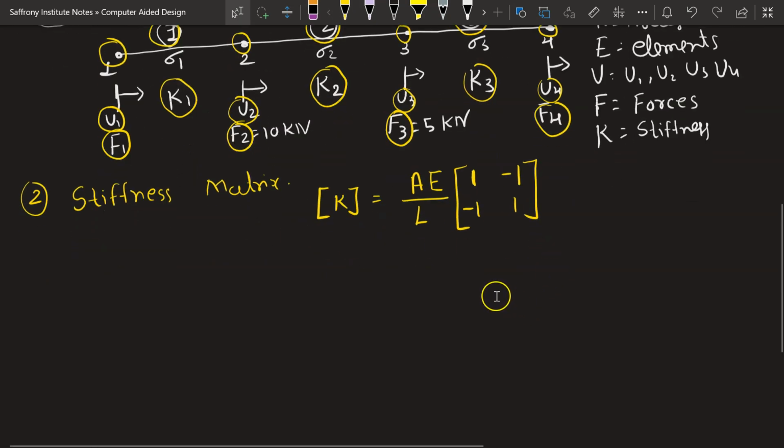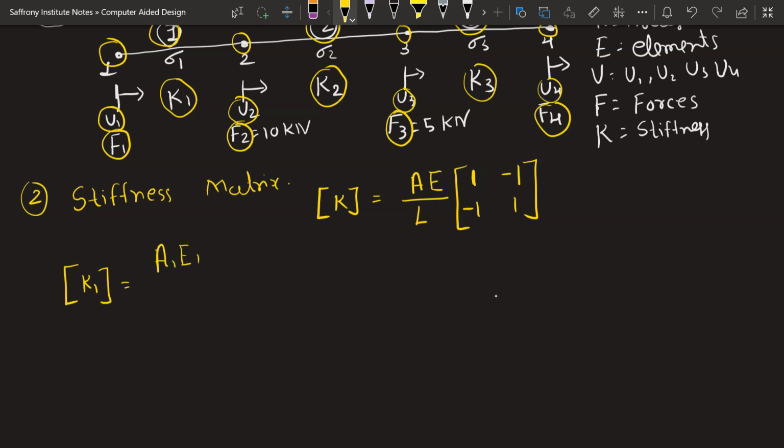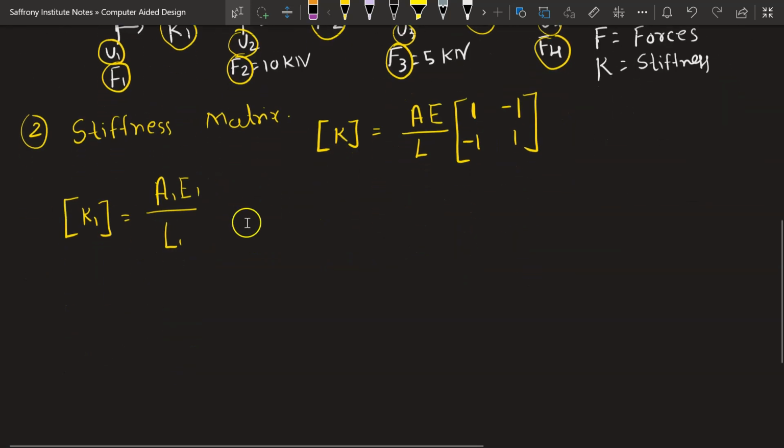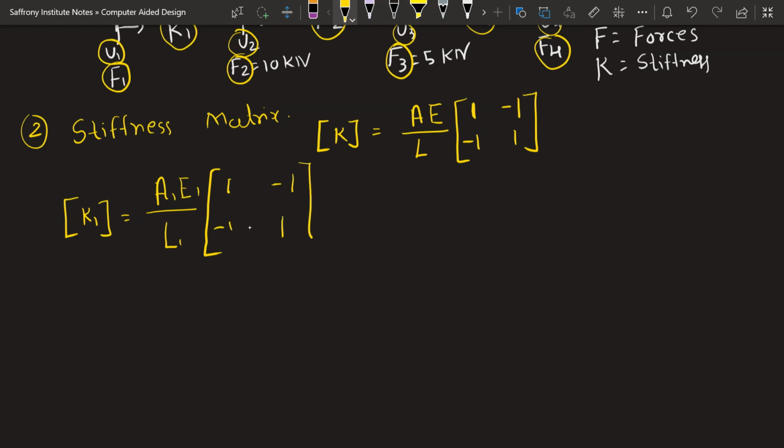How will it be? For element number 1, k1, its area will be A1 E1 by L1. We are discussing this element only right now. 1 minus 1, minus 1 and 1.